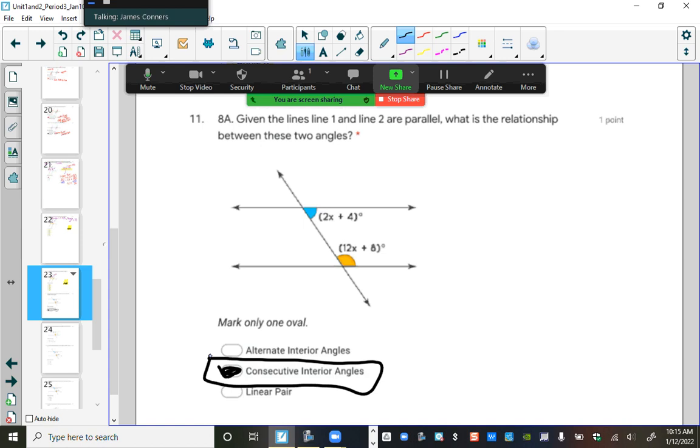Now, since they're consecutive interior angles, and we're probably going to emphasize this a little more in the next question, what do we know about the relationship between those two angles? It's a consecutive interior. They add up to 180. Very good. So these two angles are going to add up to 180.